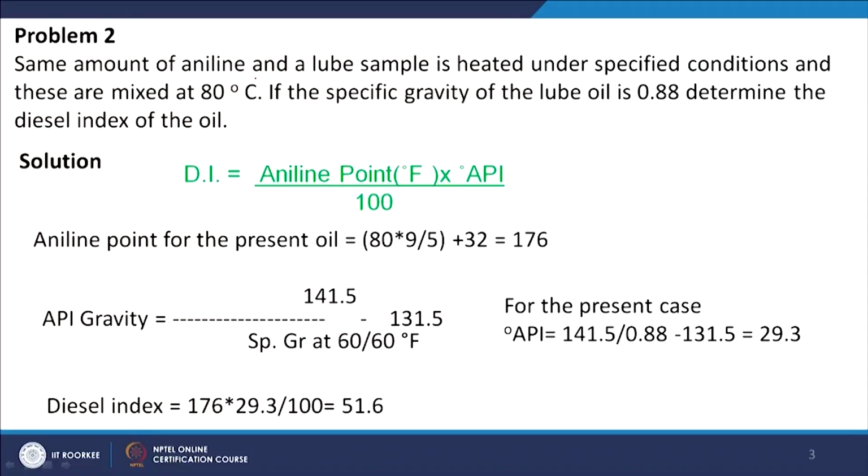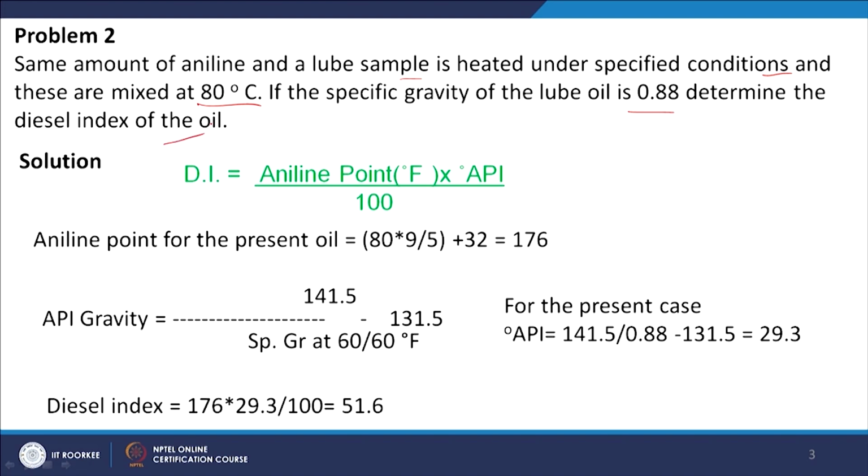Now, the next problem says the same amount of aniline and a lube sample is heated under specified conditions and mixed at 80 degree centigrade. So, the same amounts are mixed in the laboratory in a particular arrangement, and it gives us 80 degree centigrade. If the specific gravity of the lube oil is 0.88, determine the diesel index of the oil.